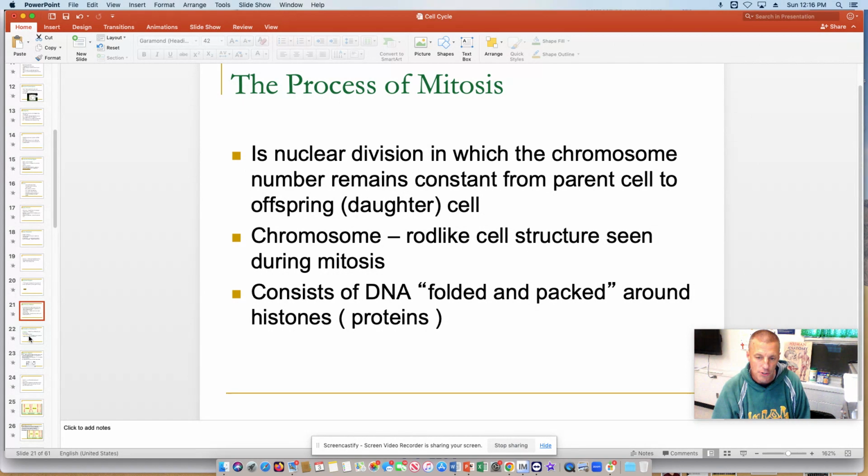And a chromosome is a rod-like structure that's seen during mitosis. It's DNA that's folded and packed around histones, or proteins. So it's important to note that chromosomes are actually made up of two different parts, proteins and DNA. You might think the important part is the DNA, and the proteins kind of hold it together.